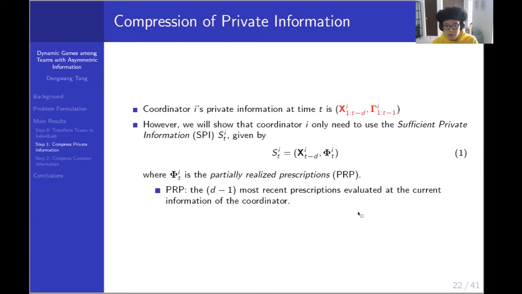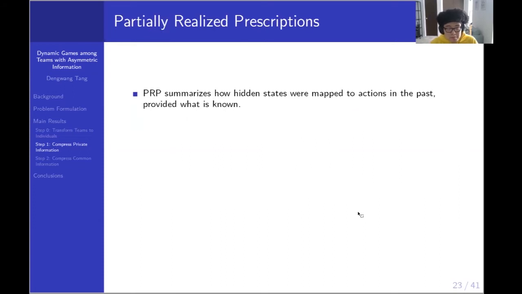The idea is that you assign some prescriptions in the past, but today you have some new information, which means that you can plug some variables that you know now into the old prescriptions. So the partially realized prescription is a summarization of how the hidden states were mapped into actions in the past, given what is known now. Some examples are given by the following.